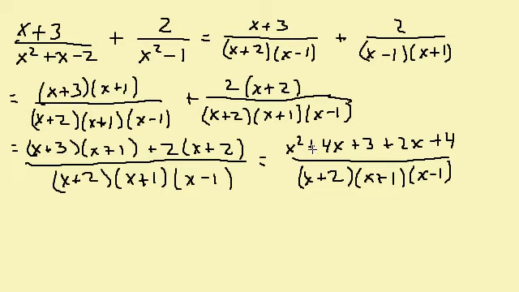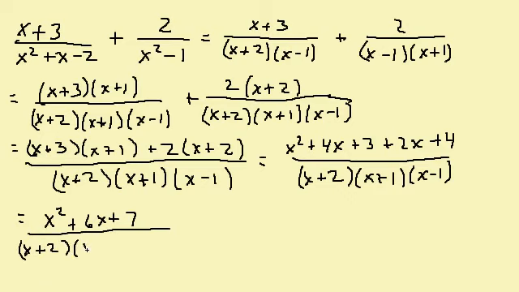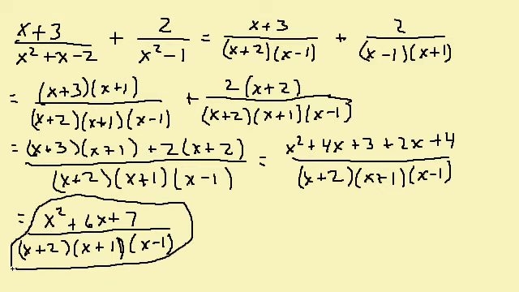Combine like terms, so I get x squared plus 4x plus 2x is 6x, plus 3 plus 4 is 7, over x plus 2, x plus 1, x minus 1. Then I can see if the numerator factors, which it doesn't. So this is my final answer.